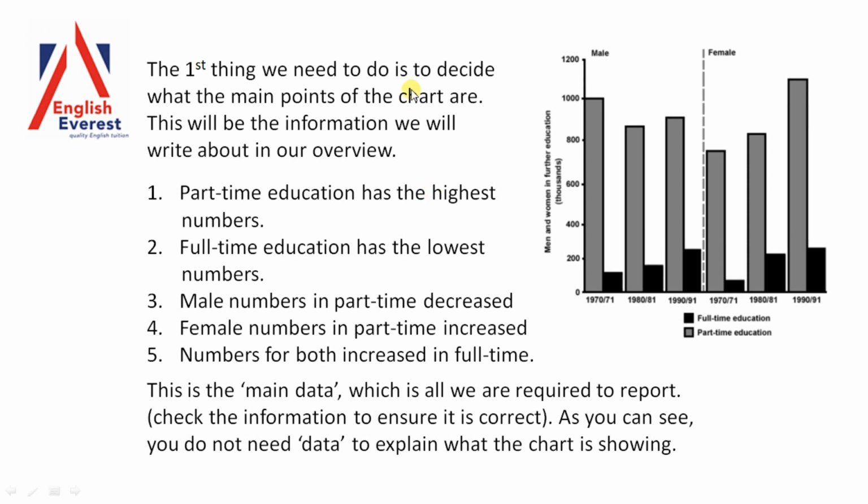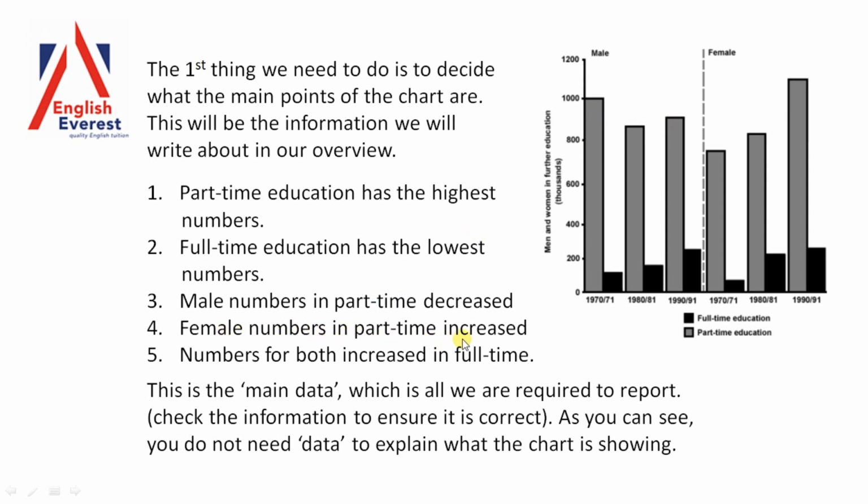So the first thing we need to do is to decide what the main points are. Okay, this will be the information we'll write about in our overview. Part-time education has the highest numbers. Full-time education has the lowest numbers. Male numbers in part-time only decreased.